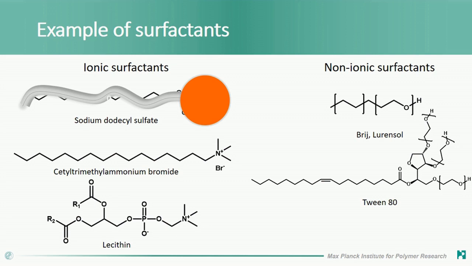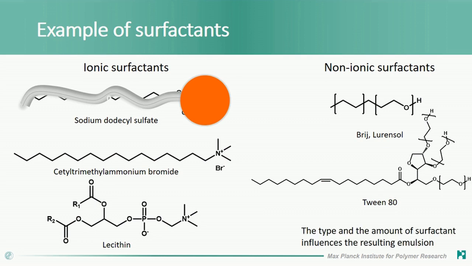So in one phase, one side of the molecule will be more solubilized, and in the other phase, the other end of the molecule will be more solubilized, which will bring the surfactant molecule just to the interface. And by populating the interface, it will decrease the interfacial tension between those two phases. And that's really the role of the surfactant molecules, is to decrease the interfacial tension.